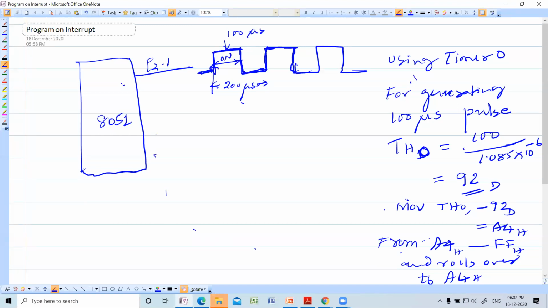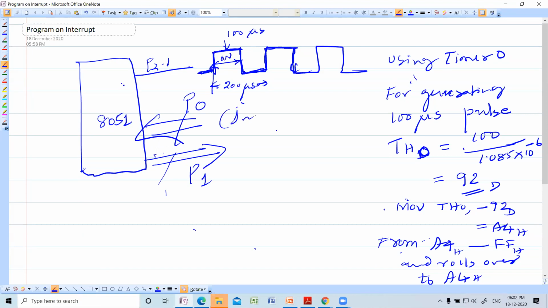At the same time, it is receiving some data on P0 and it copies it to P1. P0 is an input port.